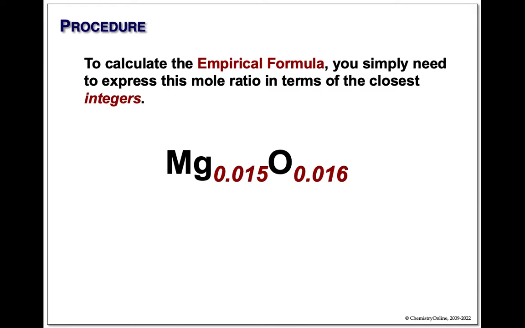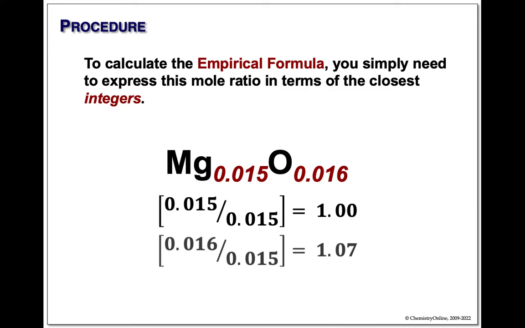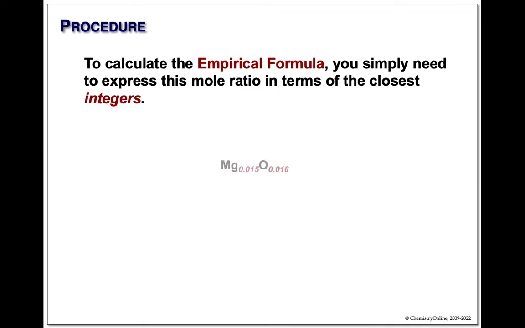Now, mole ratio expressed in closest integers. These are obviously not integers. So like I said earlier, you take the smallest, divide them both by the smallest. This is 1, of course, and this is a little over 1. So our empirical formula now looks like this.